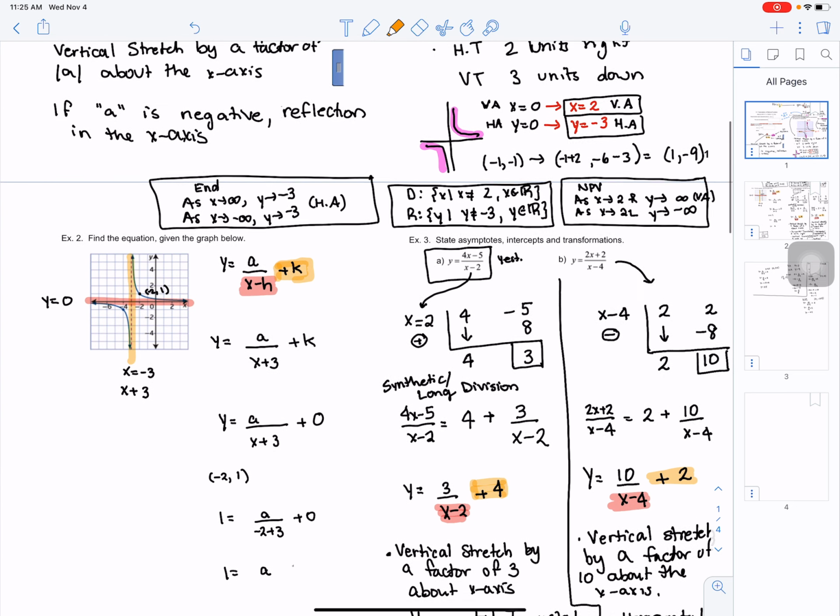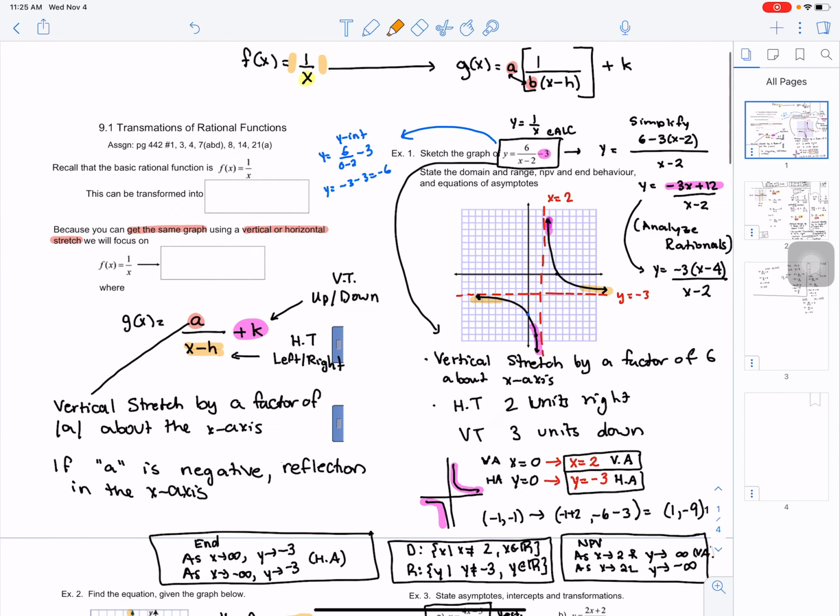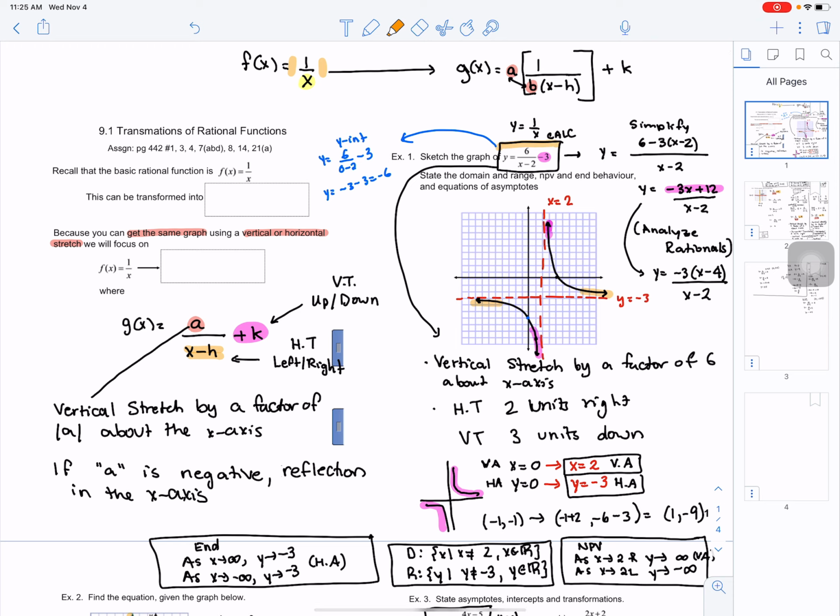Another key idea is that if you take the original equation in a transformed format and simplify it, you can treat it the same as what we were doing in yesterday's lesson, analyzing rational functions, using all of our NPVs, PODs, and all that jazz. But again, transformations are super straightforward because they are a repeat of what we've already done throughout the whole unit.